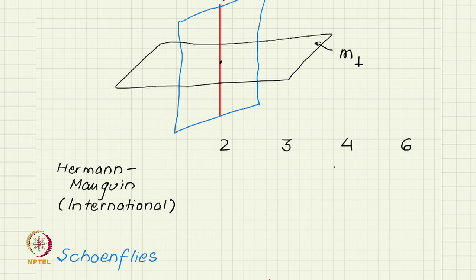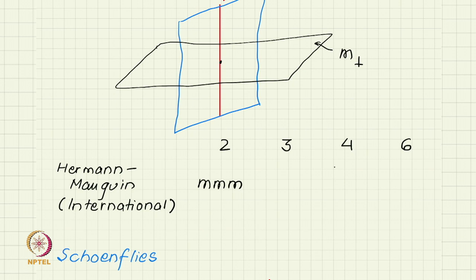So, there is no question of putting parallel or perpendicular mirrors to a 1-fold axis. So, 2, 3, 4 and 6, if we place mirror both parallel and perpendicular to 2-fold axis, then we get a group which is called MMM in the international notation.